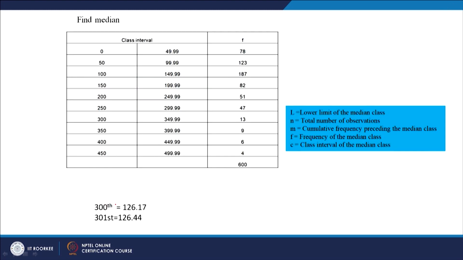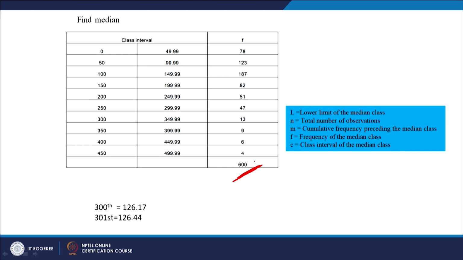Let us take another example and find the median. This is the same example wherein we collected data from 600 account holders in a bank, and we looked at their balance, right.